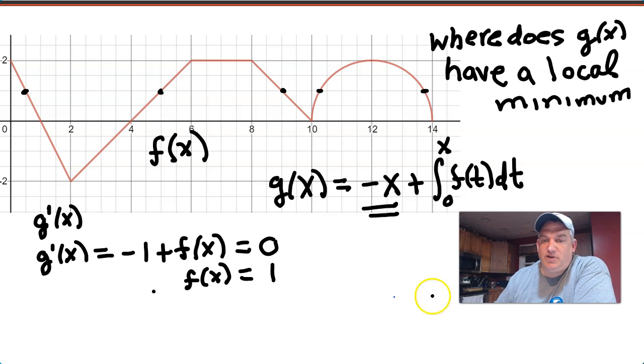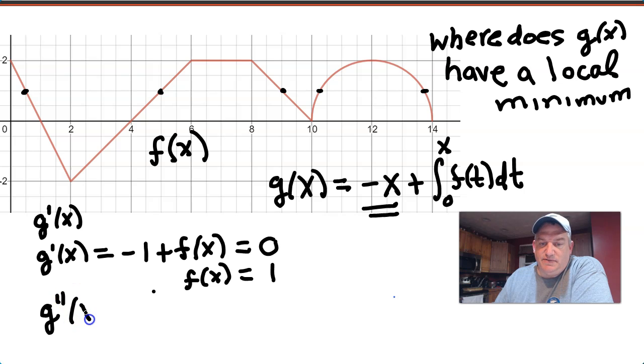And so the next criteria to be a local minimum is at those critical points, let's check the second derivative. And if the second derivative at a critical point is greater than 0, then that critical point is a local minimum.